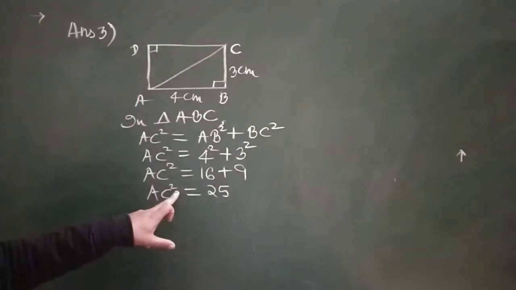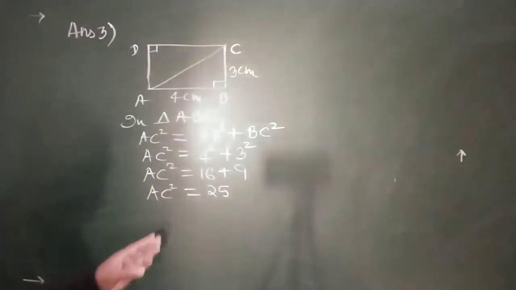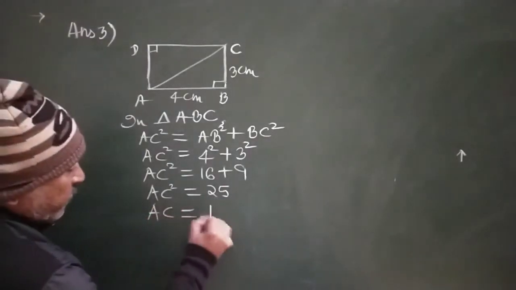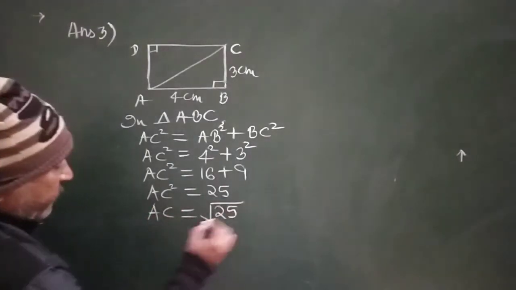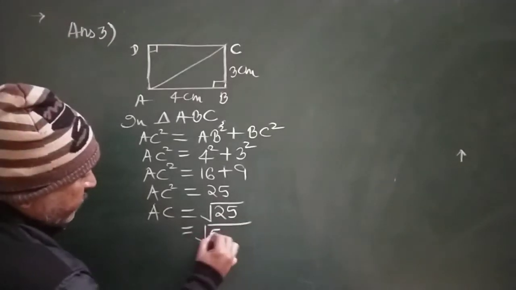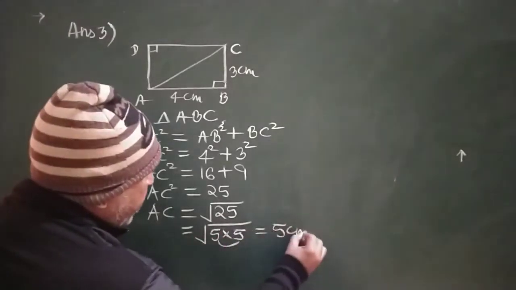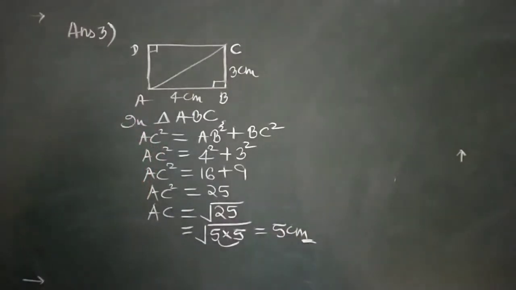So we have to transpose this square to right hand side, and square goes in square root. It means AC will be equals to square root 25. It means 5 into 5, 5 will come outside. So 5 centimeter is our needed answer. Okay. Note it and read question number 4.